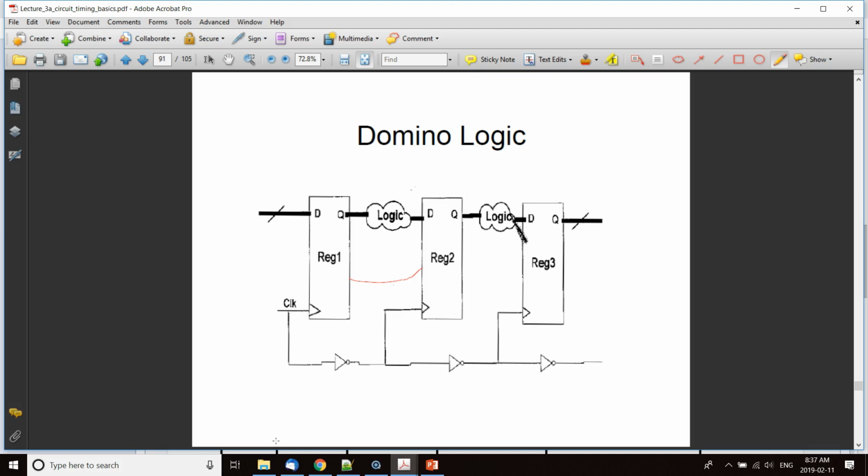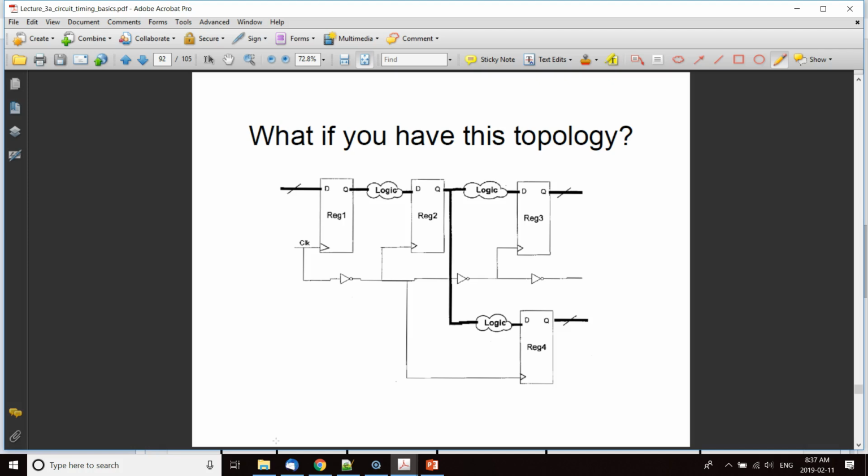One other thing. Let's go one step further. What if your circuit already uses the clock and the inverse clock? This is my topology.